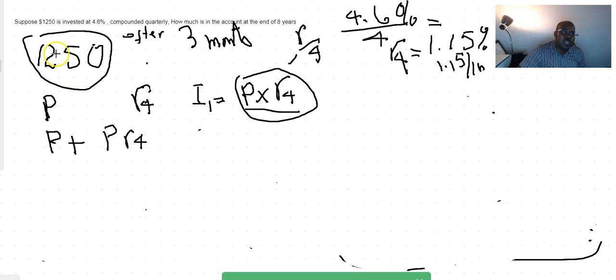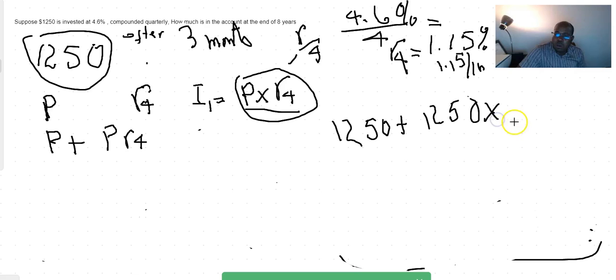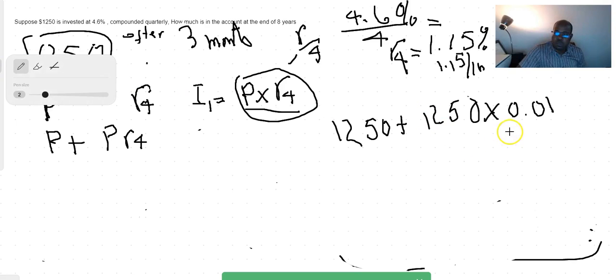If I translate this into numbers, it's 1,250, that's what I have, plus the interest, 1,250 times 1.15% in decimal value, which is gonna be 1.15.